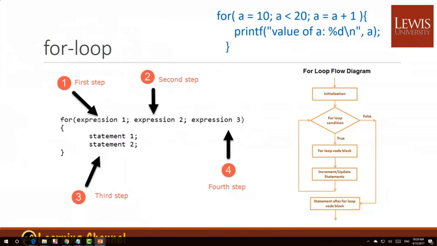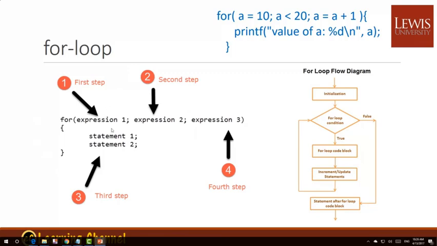In case you do not write anything for expression 1, expression 2, or expression 3, this for loop will be exactly the same as a while loop with the true condition. If you do not write anything, this loop becomes the while true loop.